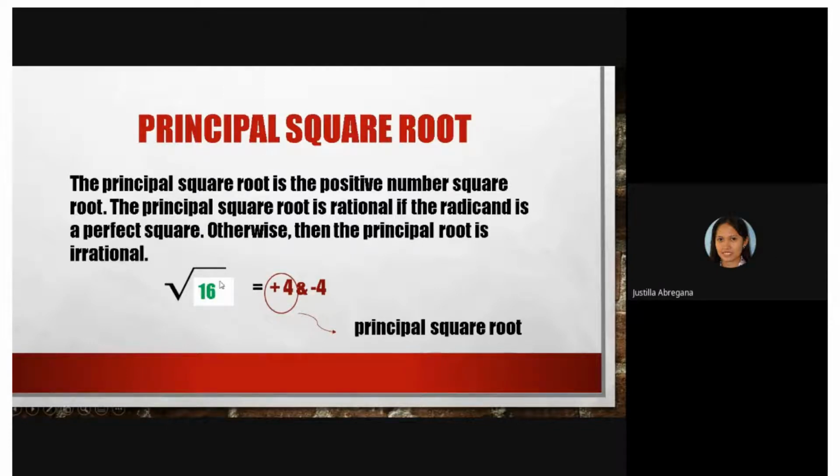Positive 4 multiplied by positive 4 is equal to positive 16, and negative 4 times negative 4 is still equal to positive 16. But which of the two roots is considered the principal square root? Based on the definition, the principal square root is the positive square root. So our principal square root is positive 4.